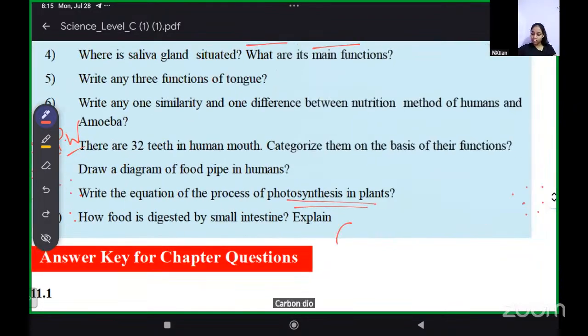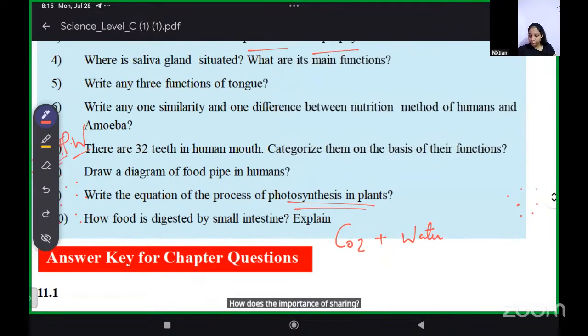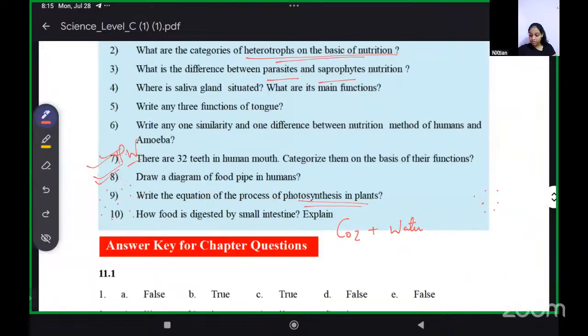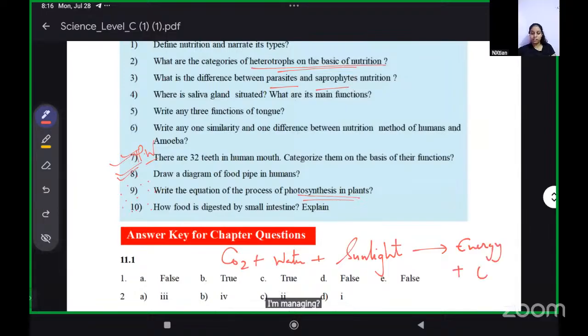Carbon dioxide plus water, and then sunlight and chloroplast, and glucose plus oxygen. Energy plus oxygen. Okay.